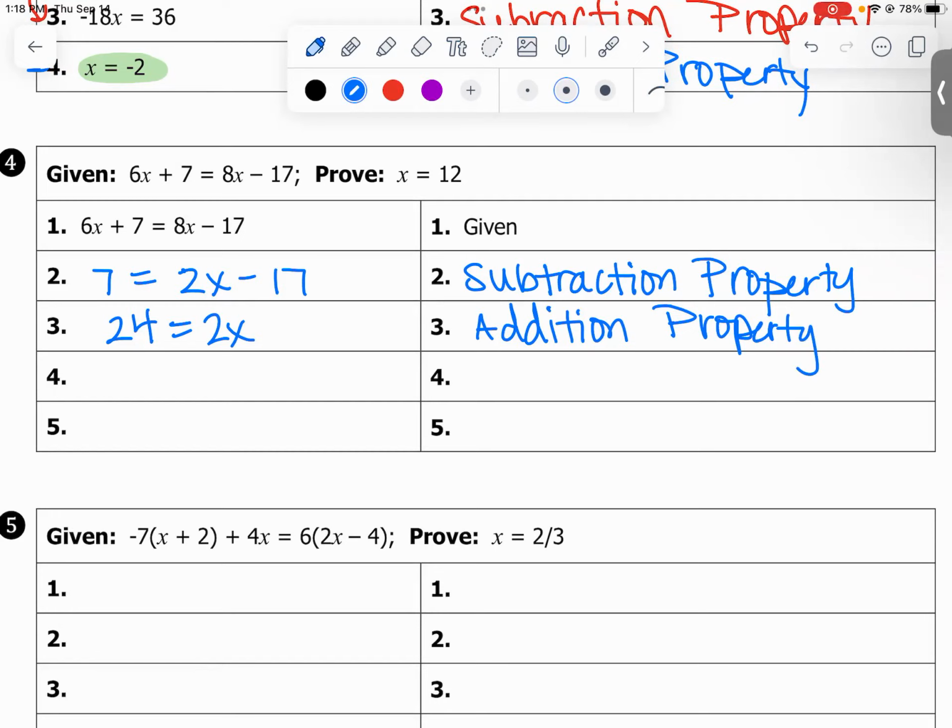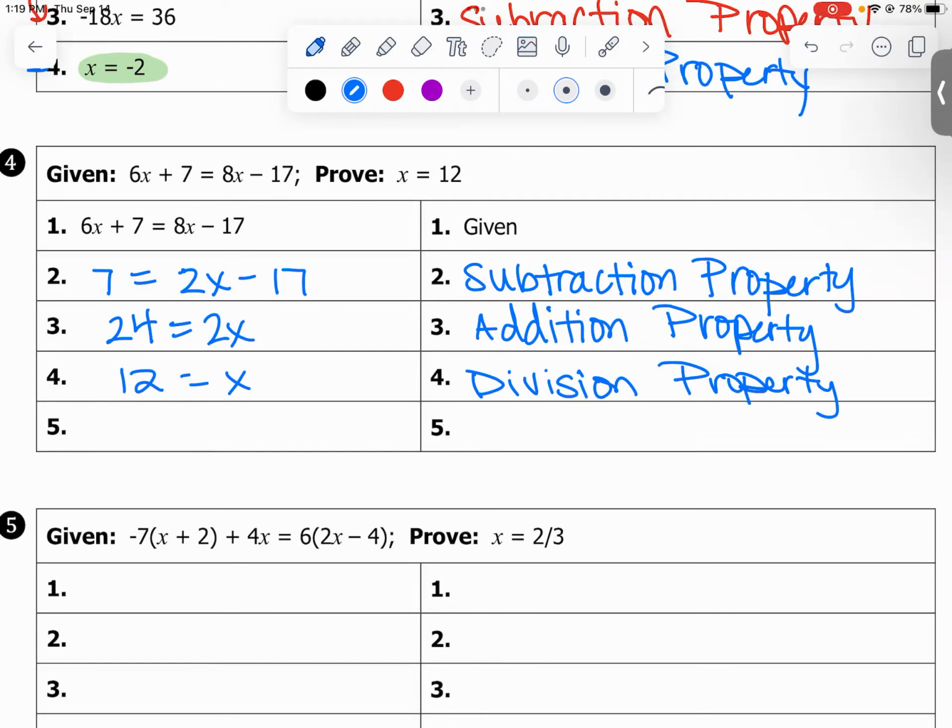Now, I am glad that Clark, you suggested this, because this is going to bring up something pretty important. To get X by itself, we would have to divide by 2, correct? So 12 equals X. This was the division property. Doesn't matter which way X is, as long as the.